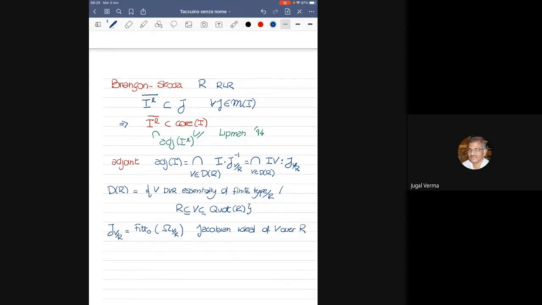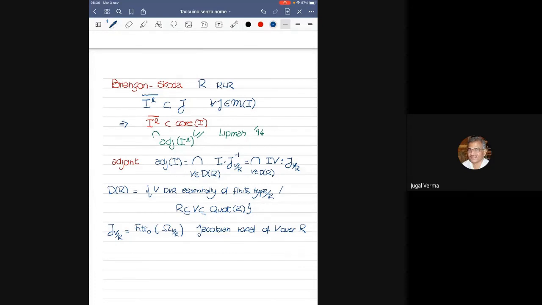Now, first of all, let me tell you why the adjoint is important. The adjoint has been used to prove a lot of uniform bounds. As we saw, Lipman introduced it to prove the improvement of Briançon-Skoda, but it's also been used for the containment problem of symbolic powers that we talked a lot about, and is related to something maybe a little more fashionable, at least in characteristic 0, called the multiplier ideal.